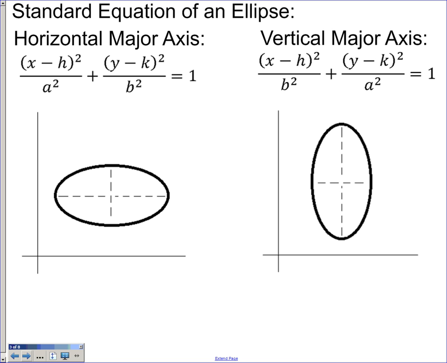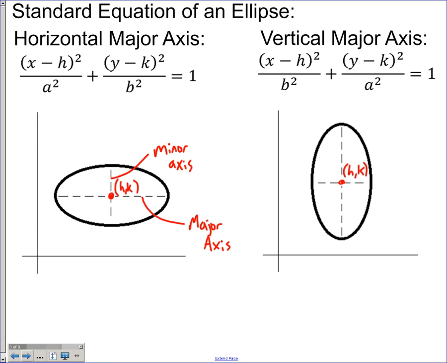But for now, let's start by labeling some things. Right in the middle is what we call our center, and we're going to call that (h, k). Go ahead and label that on both of your ellipses. Like I said, with a horizontal major axis, we're going to label our major axis, so it's that horizontal one. That means this vertical one would be our minor axis.